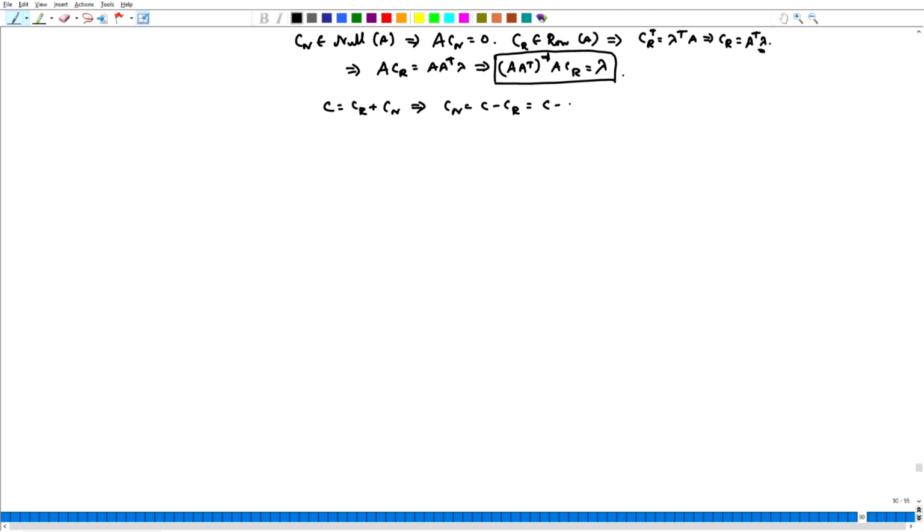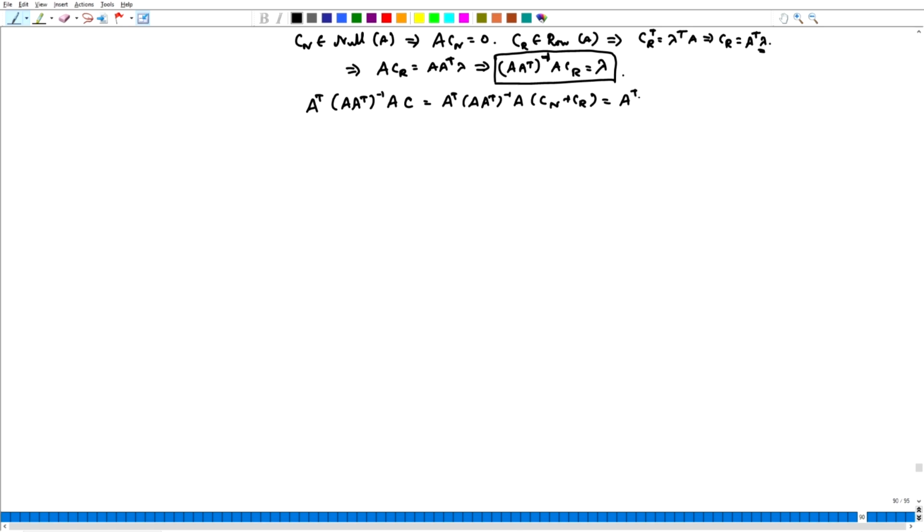Before this, let me find what is A transpose into A A transpose inverse A into C. Instead of C, I can write Cn plus Cr, recall that. So you have A transpose, A A transpose inverse A into Cn plus Cr.